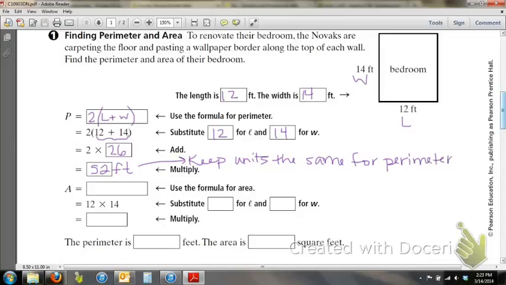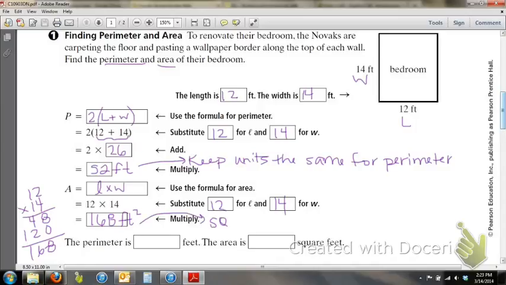Okay, now what about area? Because they asked us to find both perimeter and area. So area is length times width. So again, we put 12 in for L and 14 in for W. 12 times 14, 2 times 4 is 8, 1 times 4 is 4, 0, 2, 1, add: 168 feet squared.